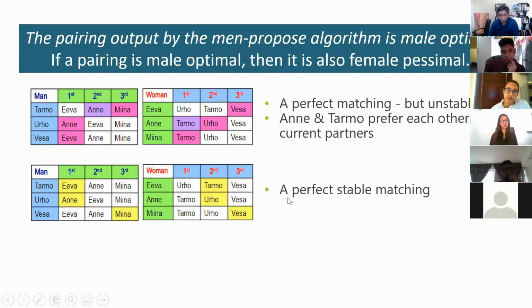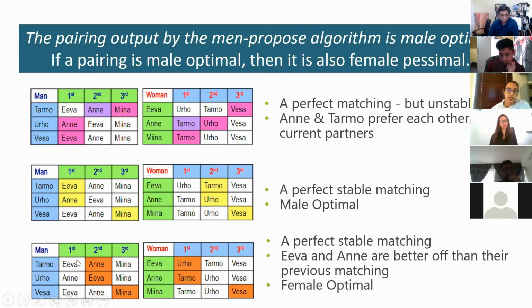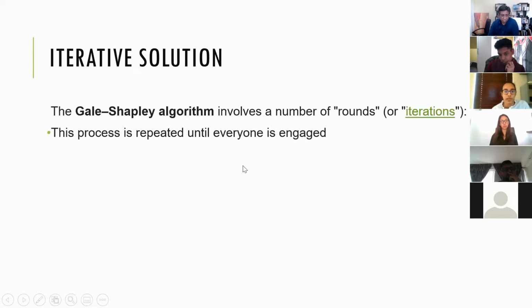This is also a perfect matching, and if you look at it, it's a male optimal match because the males got to select first. This is also a perfect stable matching, but it's a female optimal match because the females got to pick first. And you can see on this one, Eva and Anne are better off than in the previous one. So there are different combinations that exist depending on which side you start off with.